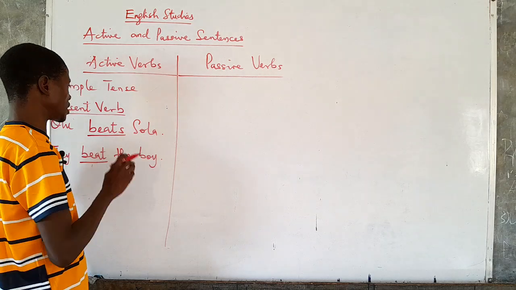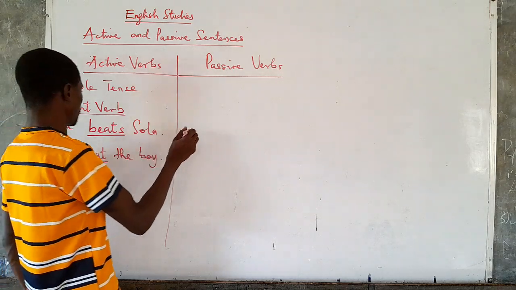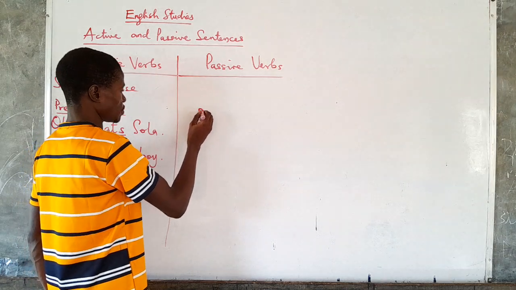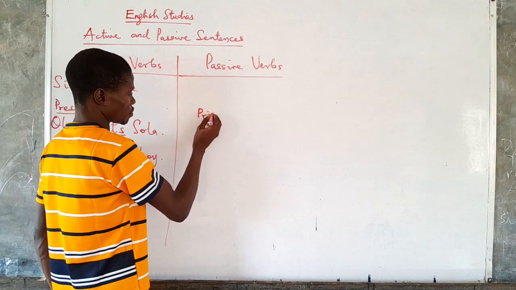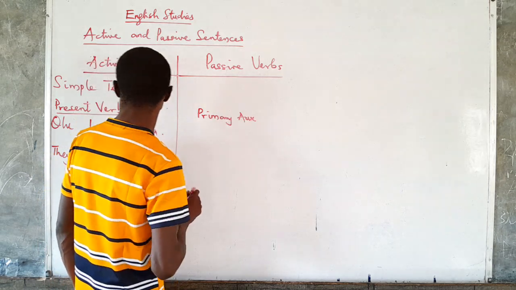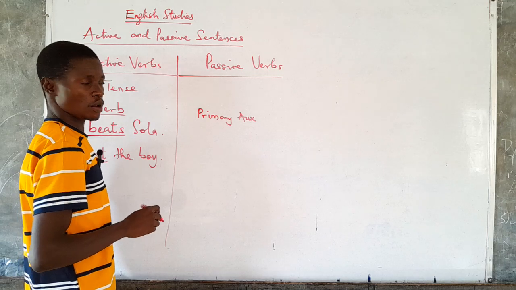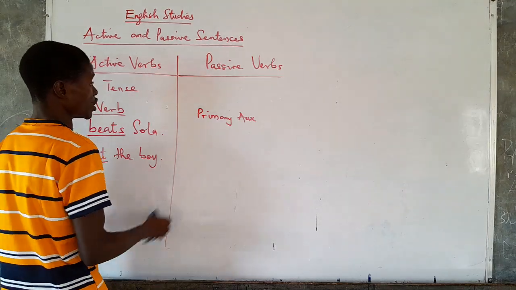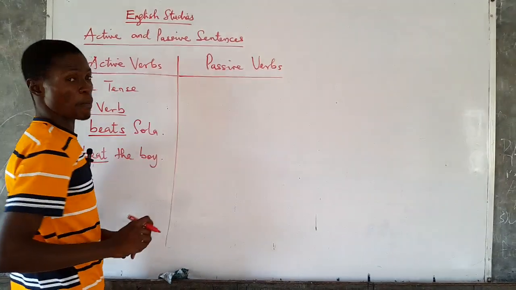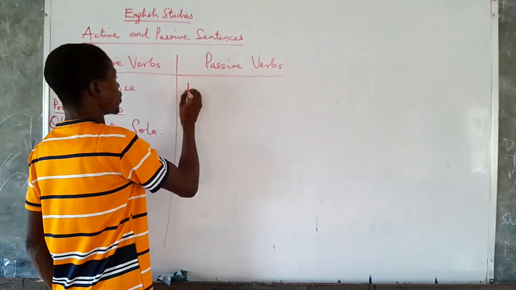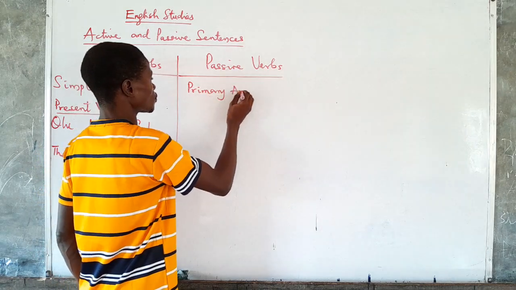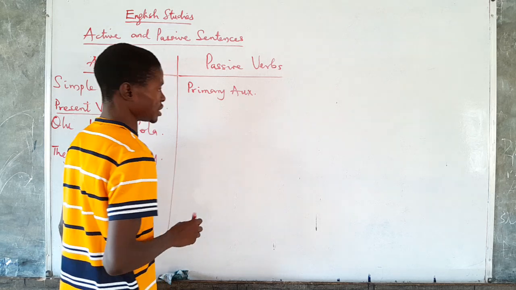Please do not forget this format. You bring in what is known as primary auxiliary. The primary auxiliaries that we are going to use will be present for the present. But let's use the mark for all simple things. We have primary auxiliaries.